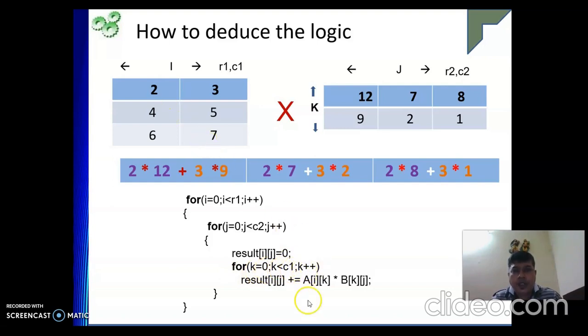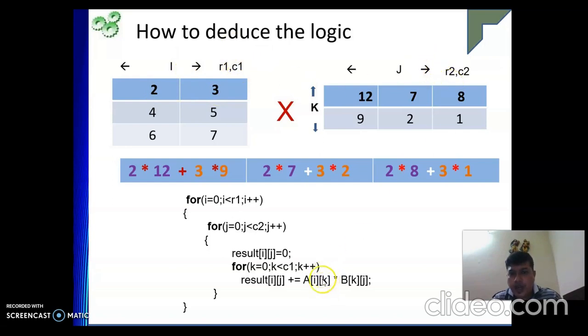Now the thing is, how will you multiply A of I? Because this is the first row we are talking about, and the row represents one, nothing but the I, into the k value. K value is going from 0 to 1, right? Because this is equal to C1 or R2.